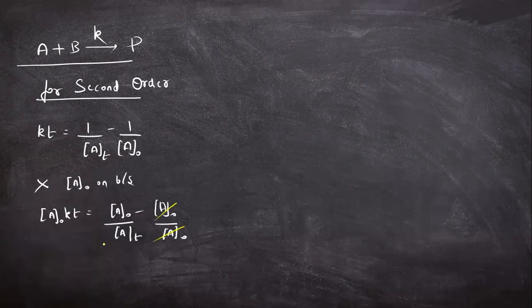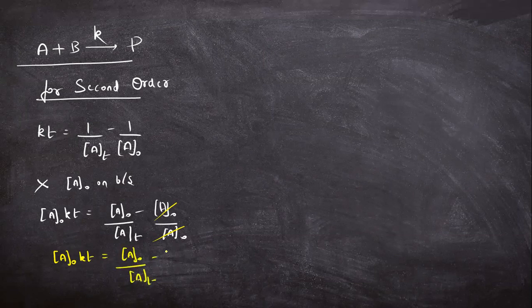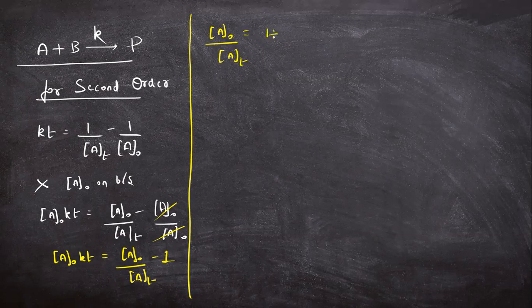Cancel A naught, and it will be A naught KT equal to A naught by AT minus 1. So A naught by AT will be equal to 1 plus A naught KT.